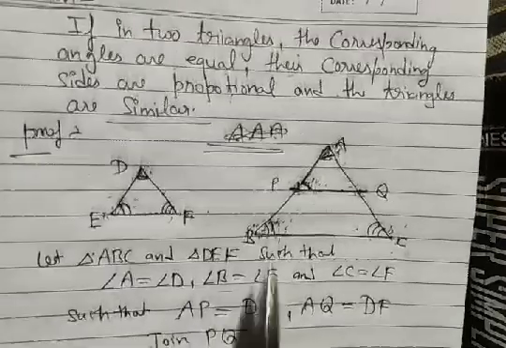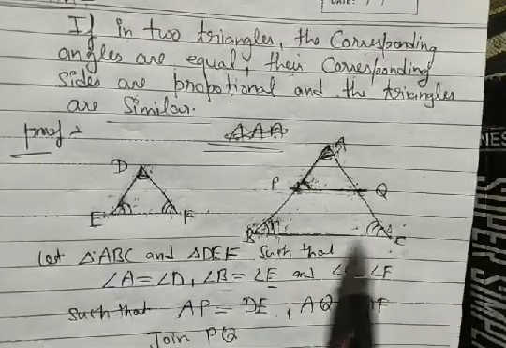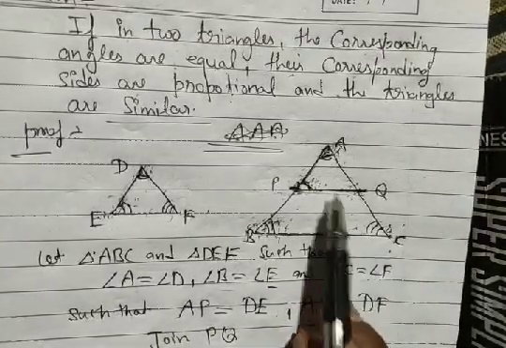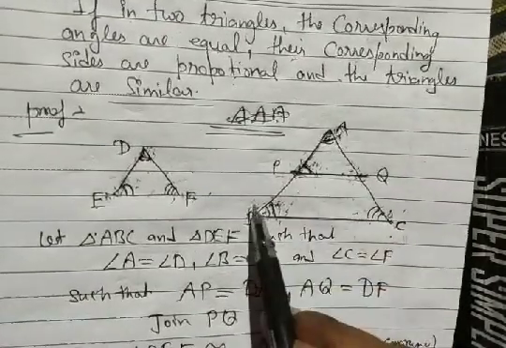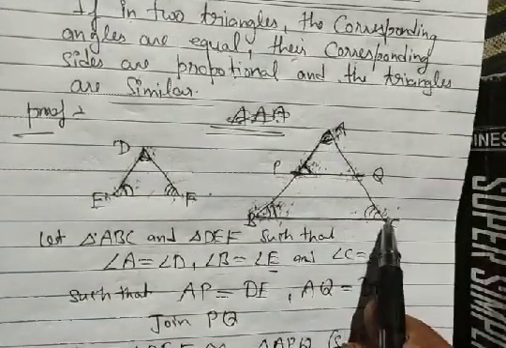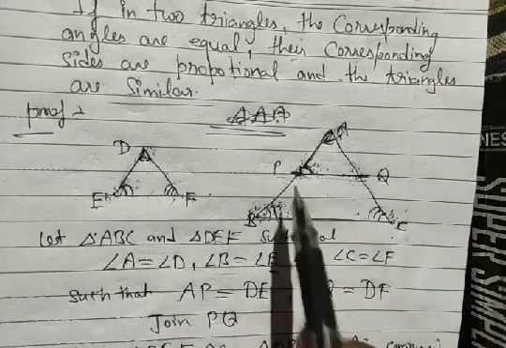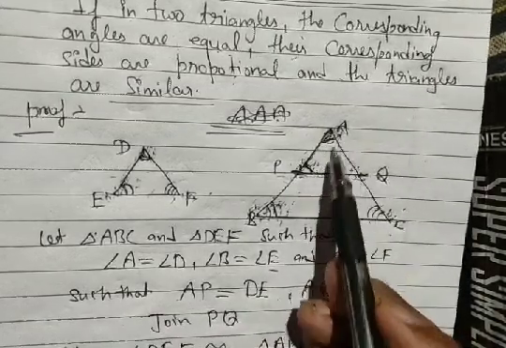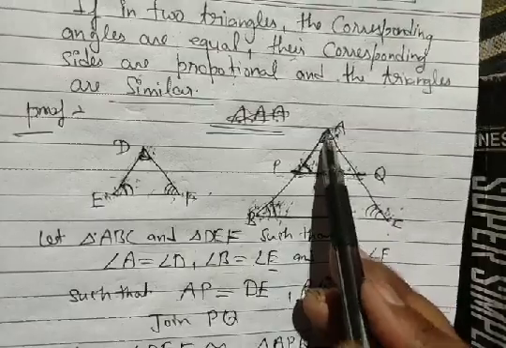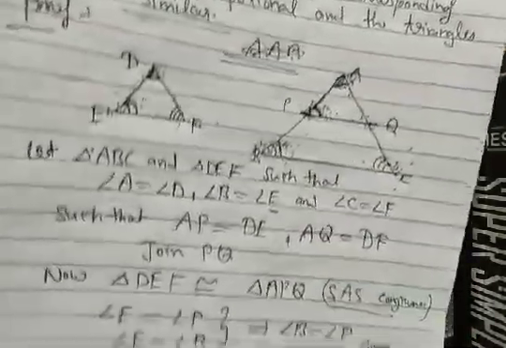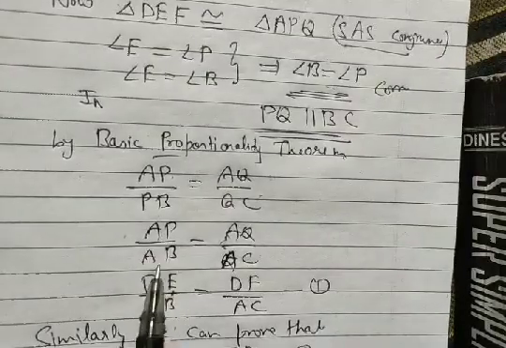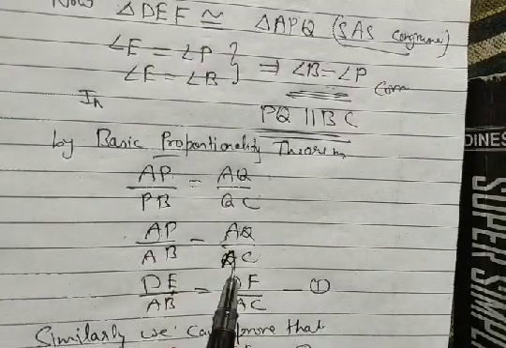When PQ is parallel to BC in triangle ABC, we apply the basic proportionality theorem. Then we have AP is to PB equal to AQ is to QC. Then we apply its corollary part, and we have written AP is to AB equal to AQ is to AC.